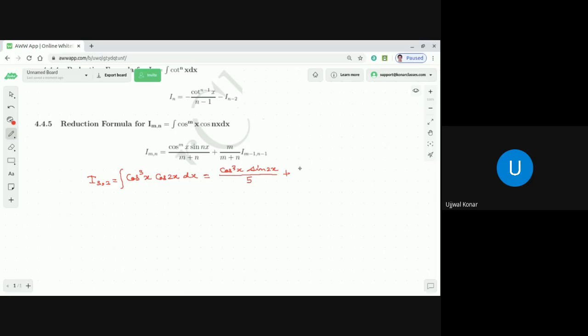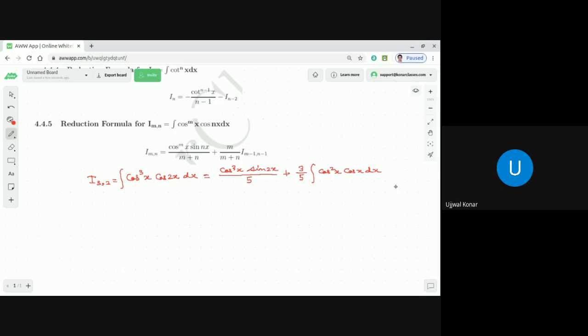What is m? m is 3. So 3 by 5 into I of m minus 1, n minus 1. That means it becomes the integral of cos square x into cos x dx, because m reduced by 1, 3 becomes 2, and n reduced by 1, 2 becomes 1. So cos square x into cos x, that is cos cube x.